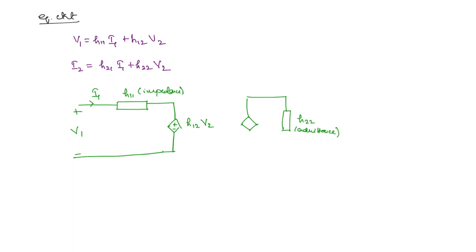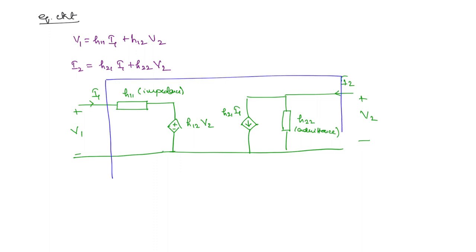If you want to express all in terms of impedances, then this will be H11, and this will be 1 by H22. This is I2 and this is voltage V2. The current direction will be in this direction. What is this? H21 I1. So this entire thing is the two-port network and the two terminals we are taking out like this. This is the equivalent circuit representation in terms of the H parameters.